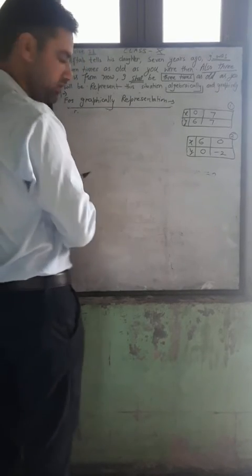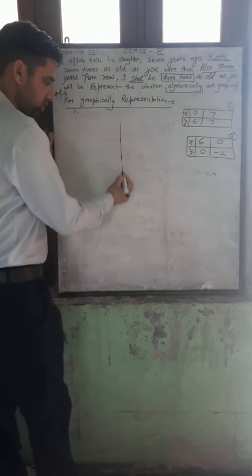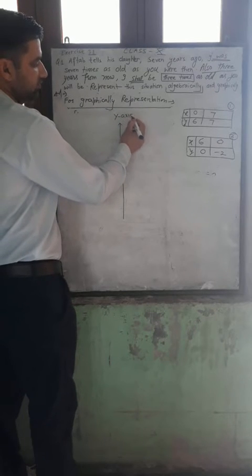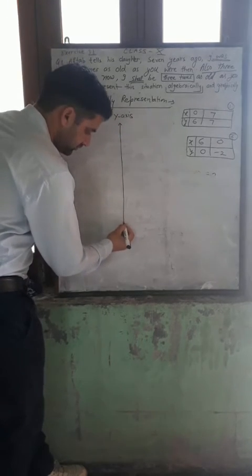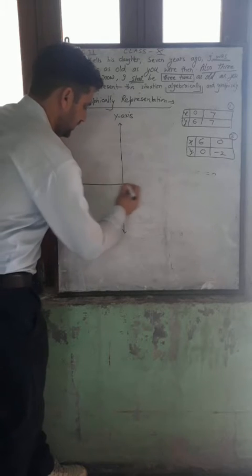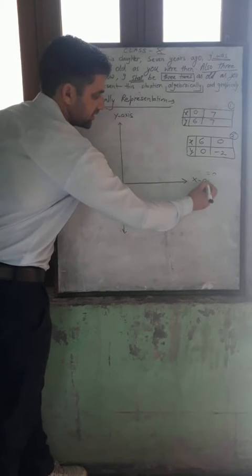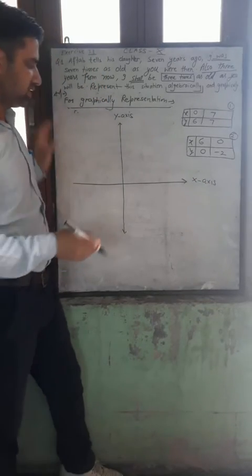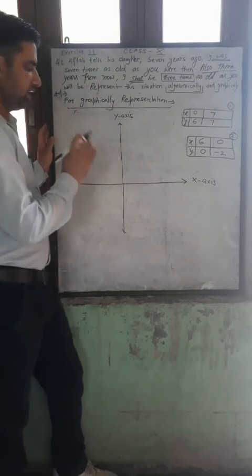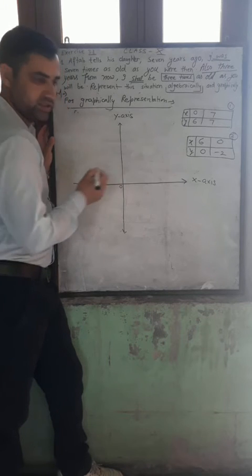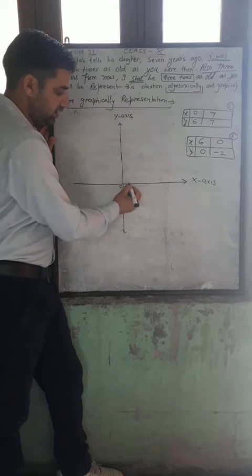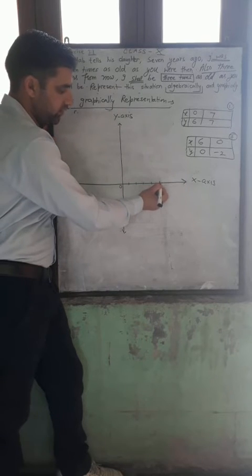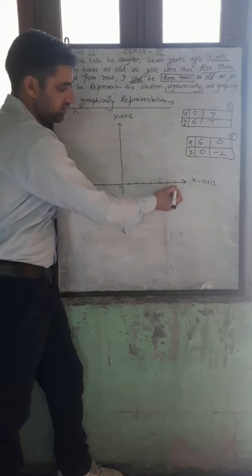How do we draw the graph? First draw a line. This is known as the y-axis, and the other line is known as the x-axis. Here we take equal gaps, or we can draw on graph paper. This is the origin 0, 0. Then we write here 1, 2, 3, 4, 5, 6, 7.